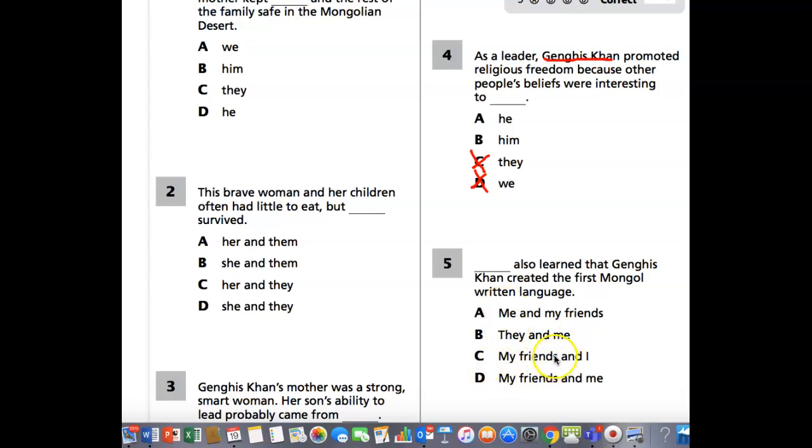My friends also learned that Genghis Khan created the first Mongol written language. I also learned. You see, if you separate them, you can see what makes sense. So my friends also learned that Genghis Khan created the first Mongol written language. And I also learned, because this is the subject, so you have to use subject pronouns. You wouldn't say me also learned, okay? So it wouldn't be this one either.